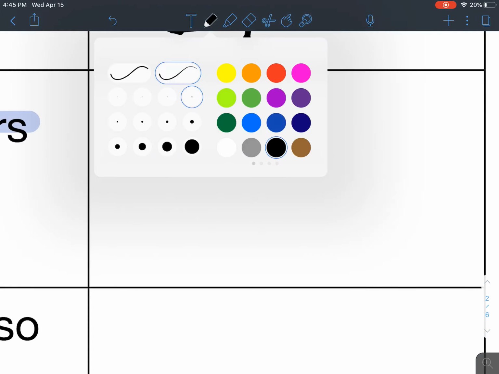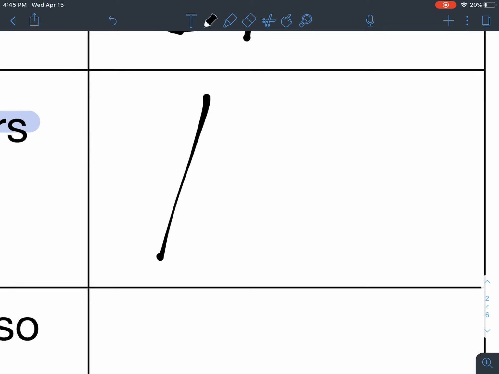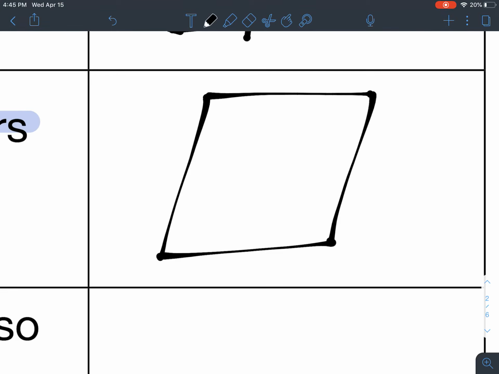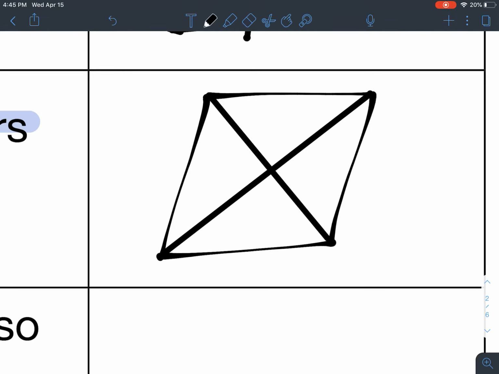Which means that, once again, if you draw your rhombus, and we're not going to do anything with the sides on this one, let's go ahead and draw our diagonals. Once again, the notation is going to be really important. I'm going to look at this diagonal right here, but what I actually want to talk about are the angles that they're bisecting. What do we know about those opposite angles?